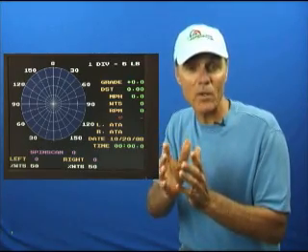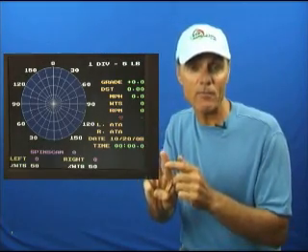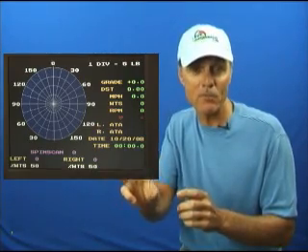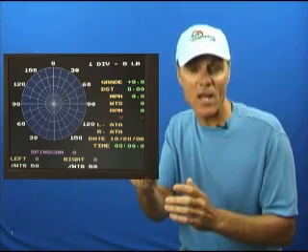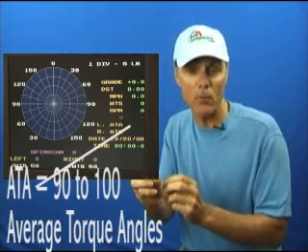I focus on 3 key areas of that polar graph and the corresponding data provided by Computrainer. The left and right side percentages on the ATA, or average torque angle, are very important numbers.